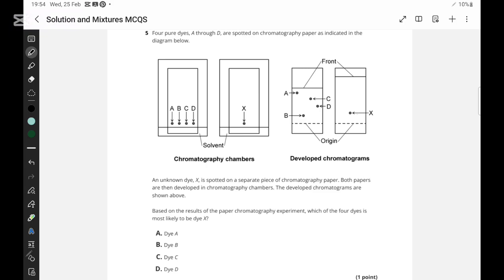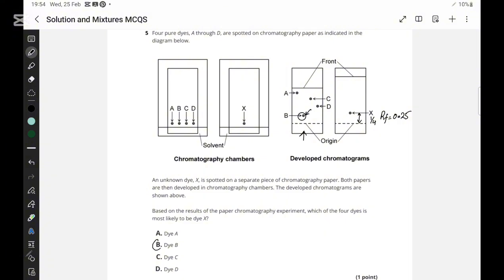So if you see dye X, it has traveled almost 1/4 of the paper. So its Rf value is going to be around 0.25. And if you see this compartment, only B has traveled almost 25% of the paper. So the right option is going to be B only.